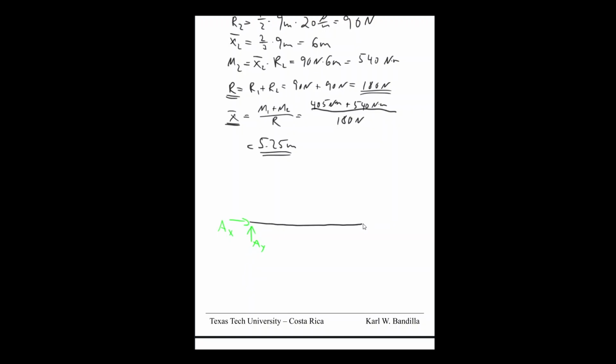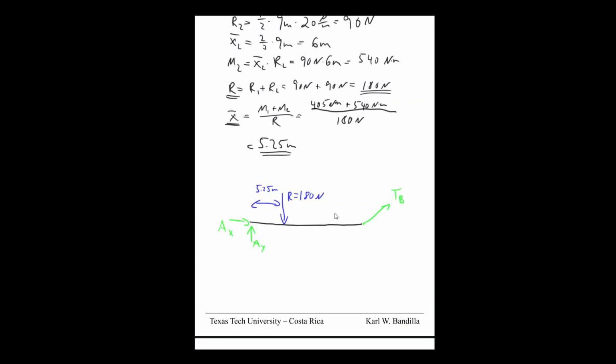For the cable that we're going to cut, we should have it as a tension because the cable has to be tension. So that would be TB. And of course, we also have our resultant force right here, R equal to 180 Newton, and we know that this distance here is 5.25 meters.